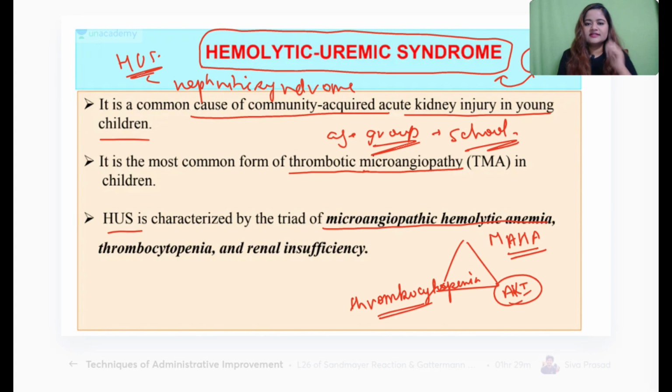So these three are the classical things. If it is present and you suspect that the patient has got some kind of infective etiology, then you can make your diagnosis of HUS without any problem. That means there is no separate test for this, there is no investigation of choice on which you can confirm that yes, this is an HUS patient. Very important, it is a diagnosis of exclusion.